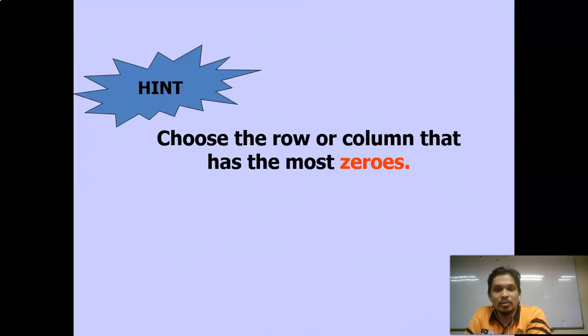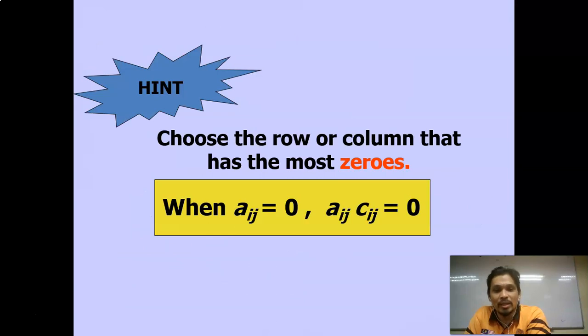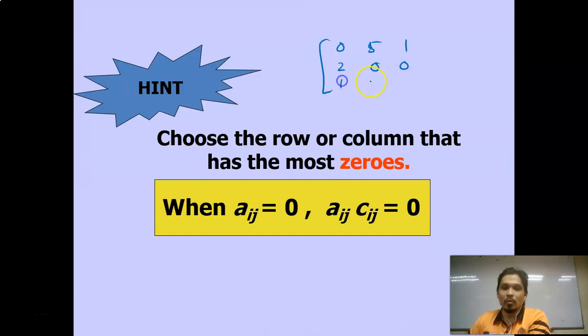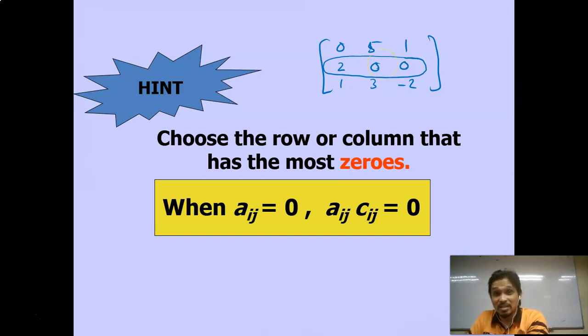Here, choose the row or column that has the most zeros. There are some cases where they give you a matrix of, for example, 0, 5, 1, 2, 0, 0, and 1, 3, negative 2. The reason we suggest finding the expansion along the most zeros, here 0 and 0, is that 0 multiplied with any minor or cofactor gives 0, making our life easier.